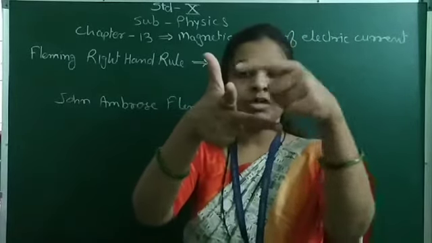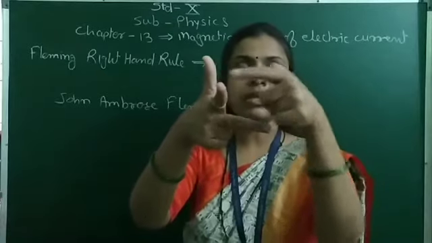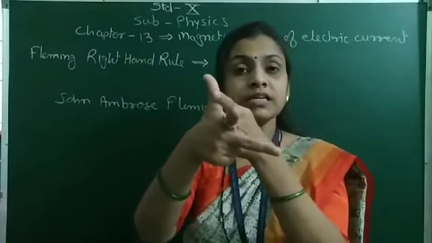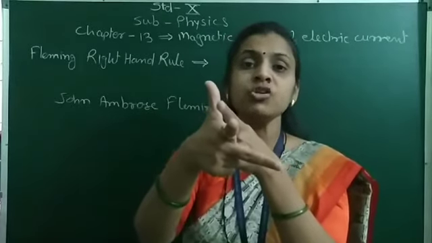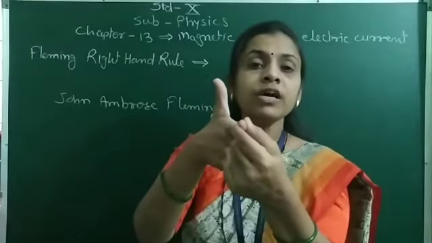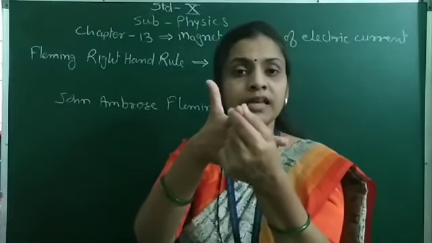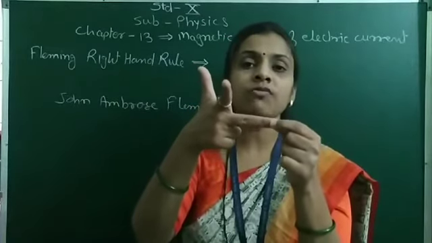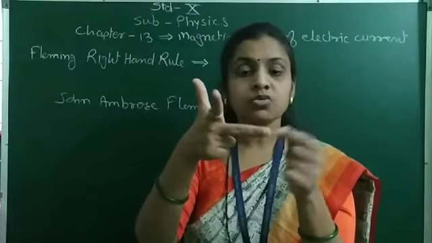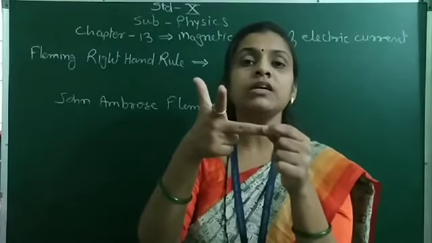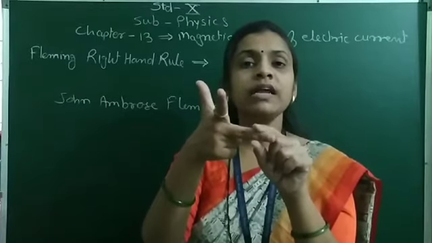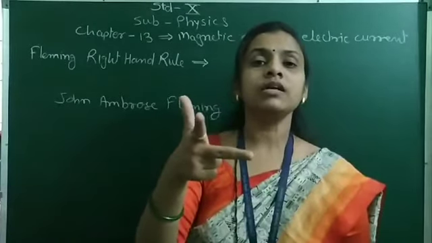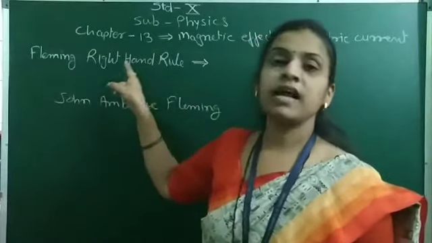Then the thumb represents the direction of force or motion of a conductor, the forefinger represents the direction of magnetic field and the middle finger represents the direction of induced current. So the direction of induced current is indicated by the middle finger, and it is given by the Fleming right hand rule.